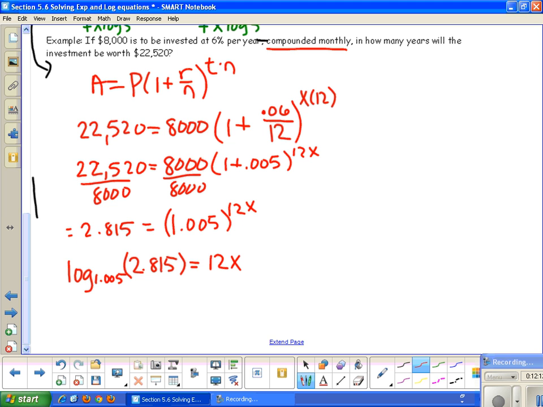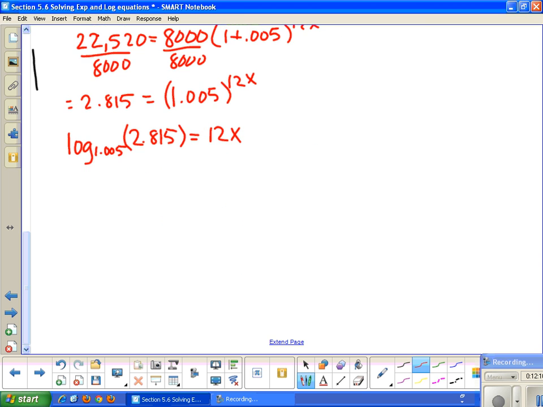And then in order to solve this, I would have to put the left side of this equation in using the change of base formula. So that would be the log of 2.815 divided by the log of 1.005, and then I can do it in my calculator since it would be base 10, equals 12x. So I would do all of this in my calculator.